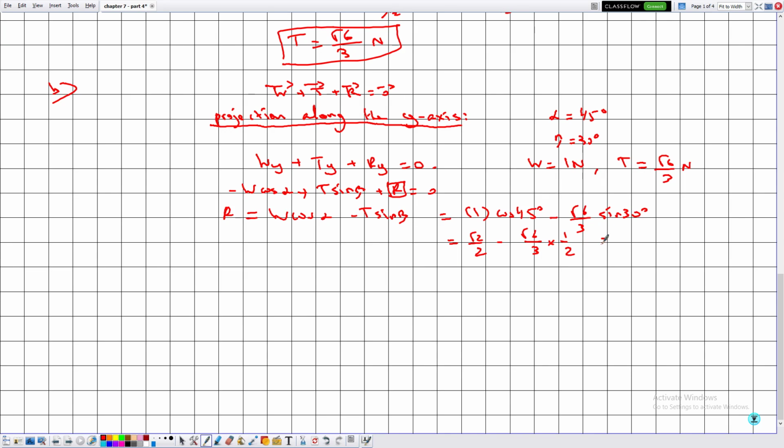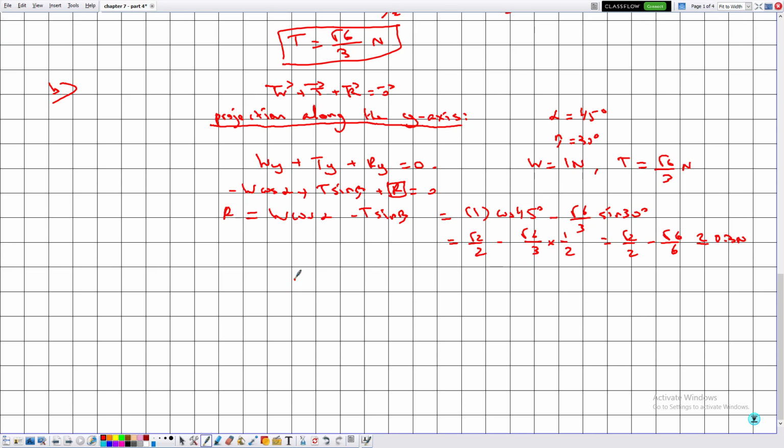So this is equal to radical 2 over 2 minus radical 6 over 6. So its value is given by 0.3 newtons.